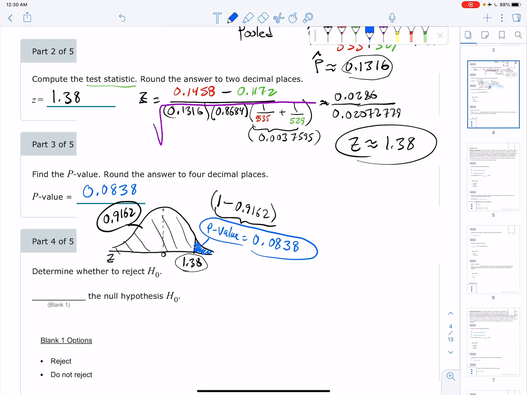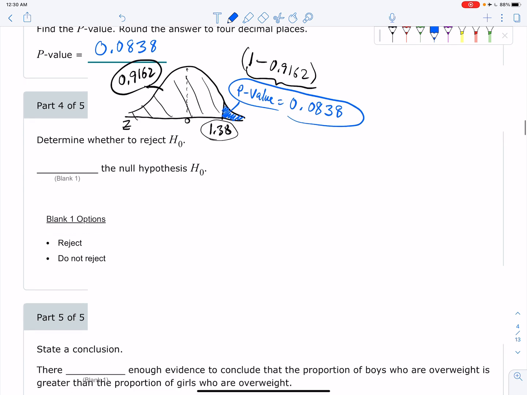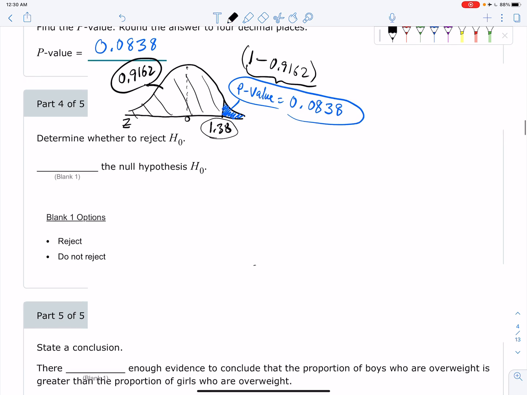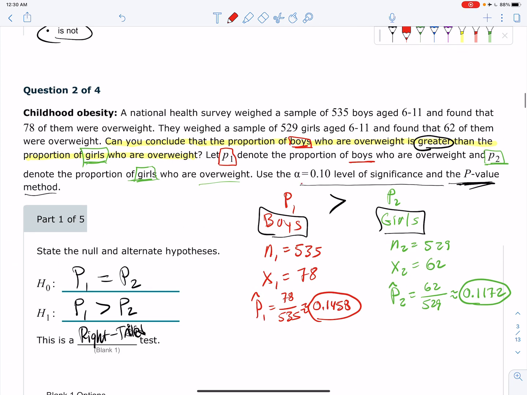Okay, determine whether to reject or not. So I'm going to get the full picture going here. Remember what our alpha is. Our alpha is 0.10, and we can find that right here.